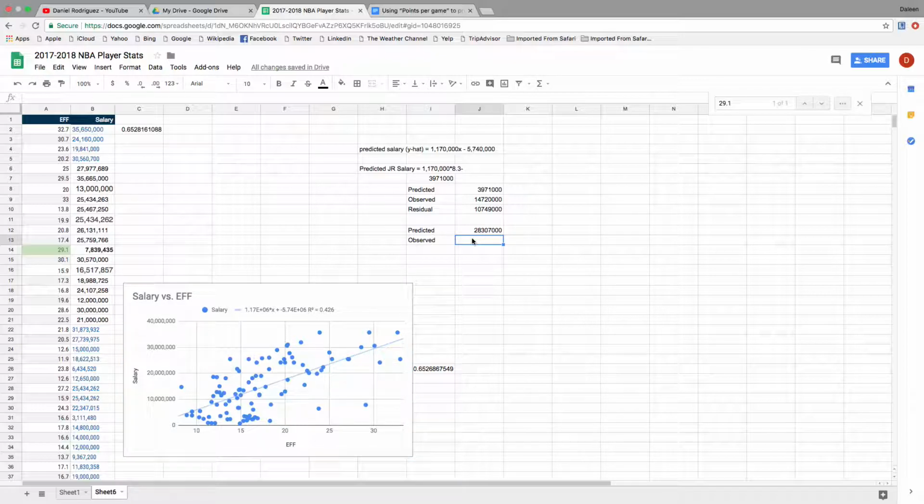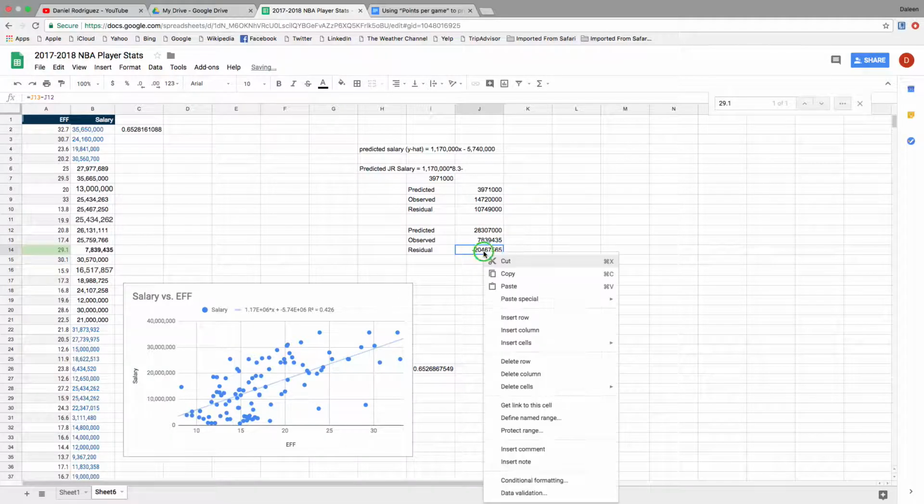7,839,435. Oops, that didn't go in. 7 million, what was it again? 7,839,435. That's what is observed, and the residual is observed minus predicted. So this residual, I'll just copy and paste this.